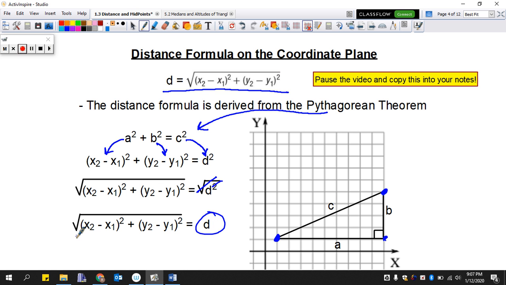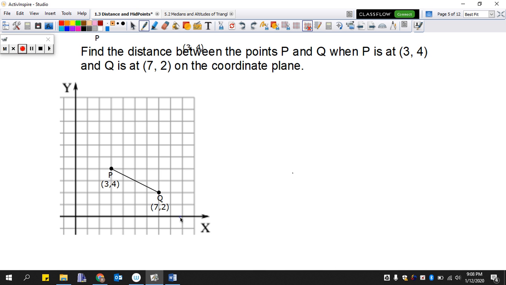So what is the distance between points P and Q when P is at 3, 4 and Q is at 7, 2? So distance is equal to the square root of x2 minus x1 squared plus y2 minus y1 squared.